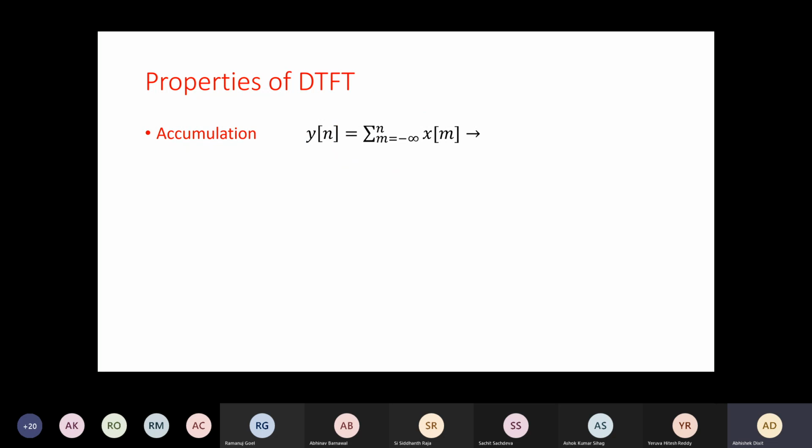Now let us look at accumulation. So we have seen integration in CTFT. This operation is known as accumulation in the DTFT case. What is the Fourier transform of y[n]? Now if you think about this again, same as we have done in CTFT, this is nothing but the convolution of x[n] and u[n].